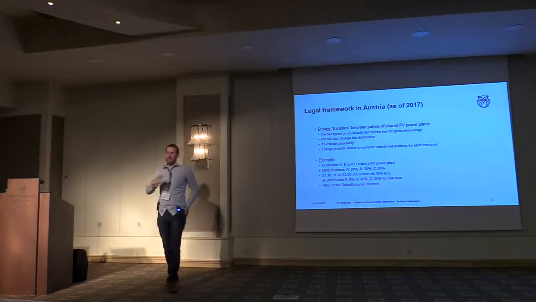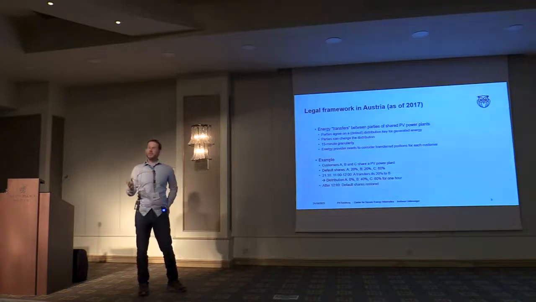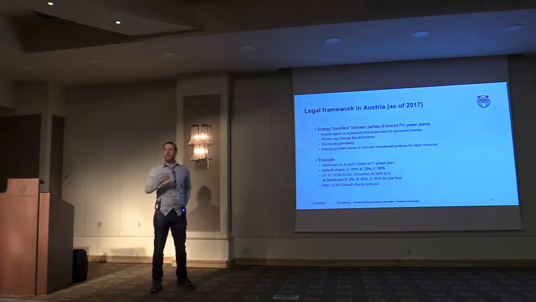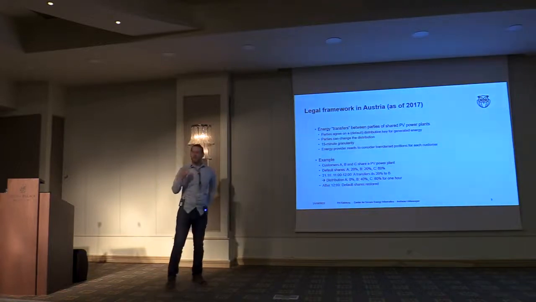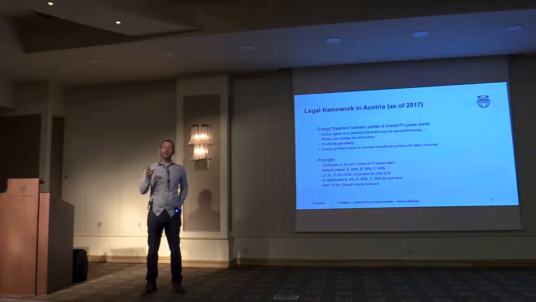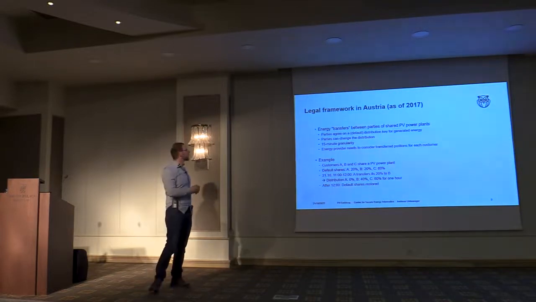For example, you have three participants, A, B, and C, and A has 20% of the generated electricity, B has 20, and C has 60. It can be any other way, of course, just the parties need to agree once. And then the new law said that the participants can change the distribution anytime they like. Anytime being limited to 15-minute windows, so it cannot be any more fine-grained than 15-minute resolution.